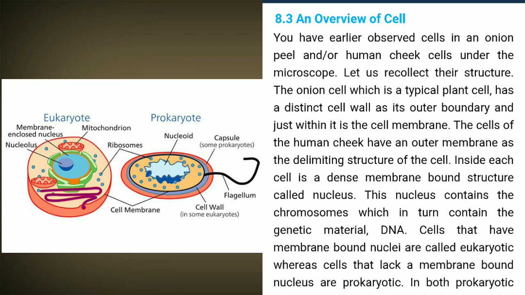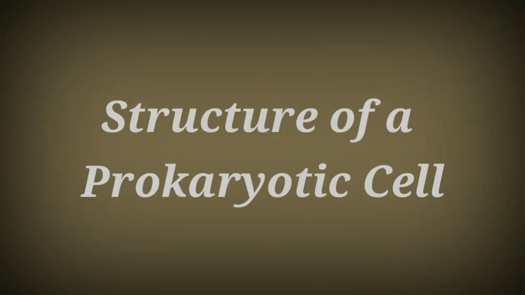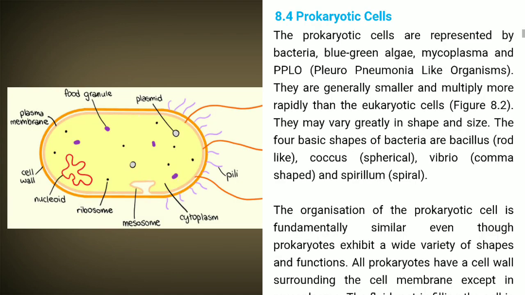Now let's have some idea about the prokaryotic cells in detail. Although the prokaryotic cells have many differences other than the presence and absence of a true membrane bound nucleus, let's study the general organization of a prokaryotic cell now.